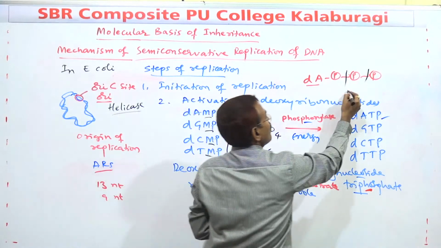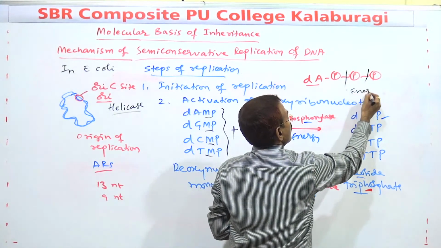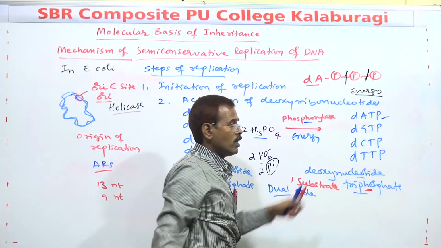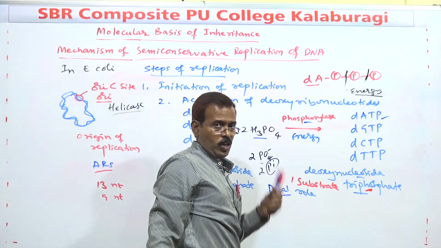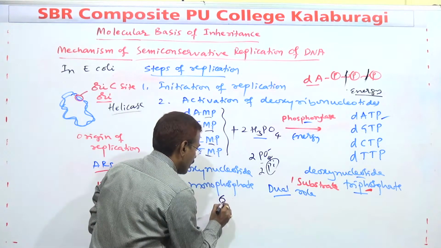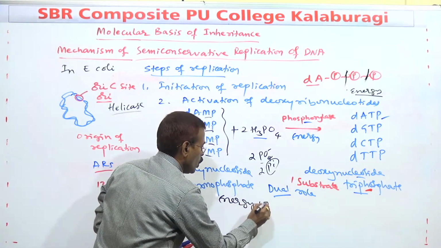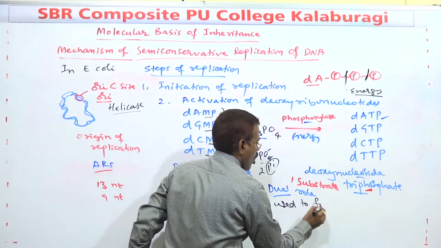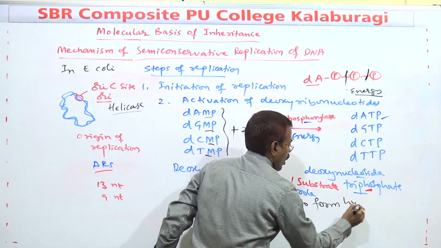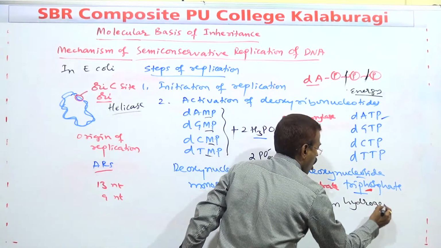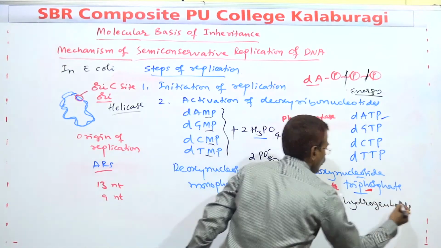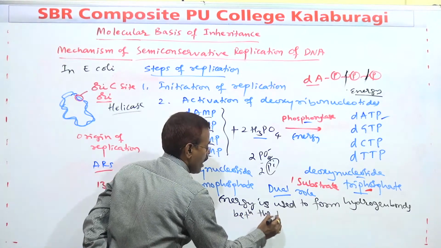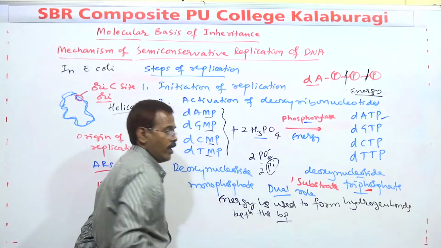This results in release of a large amount of energy. When these bonds are broken, they release huge energy, so that energy is used to form hydrogen bonds between the base pairs or nucleotide pairs.